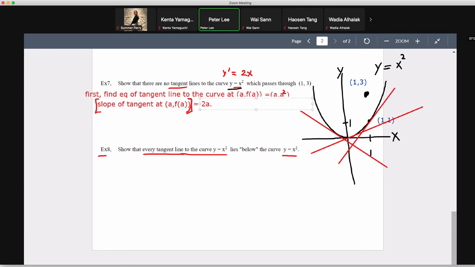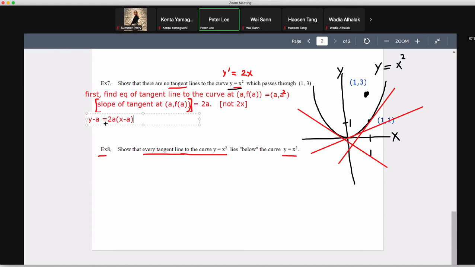So let me say this here. This is not 2x or any other letter, not 2x. So the equation becomes like this, which we have seen so many times now. This is y minus a squared is equal to 2a times (x minus a).